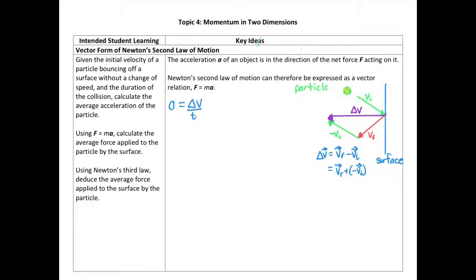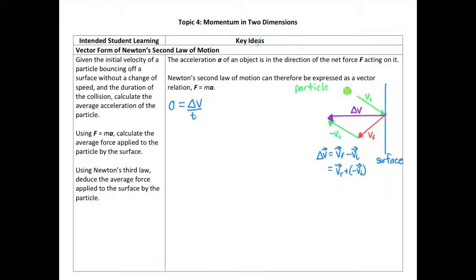Now you'll note here the question says you only need to do this where the bouncing off a surface is without a change of speed. So the magnitude of the initial velocity will always equal the final velocity. So the direction, when you add those two up, is always going to be perpendicularly away from the wall.